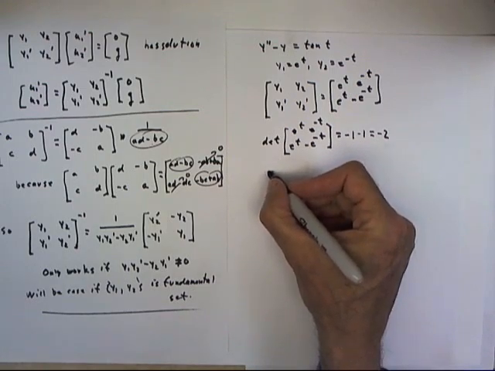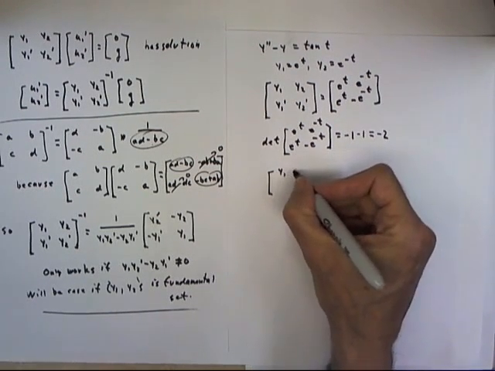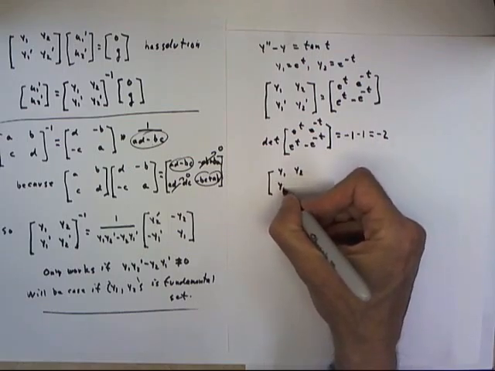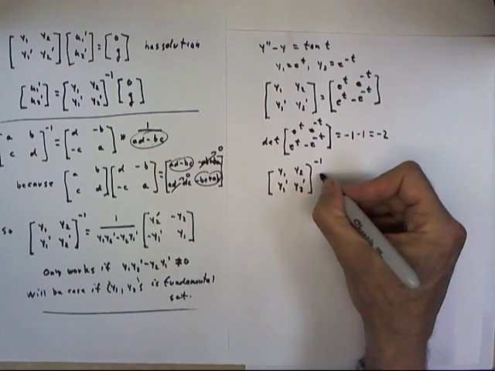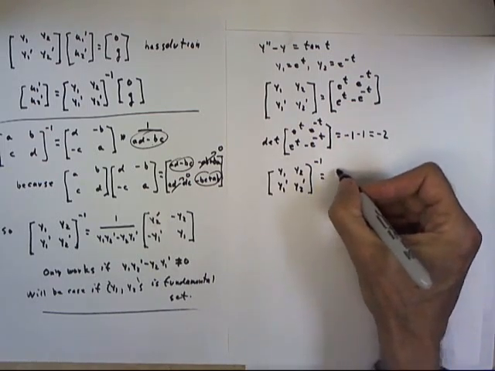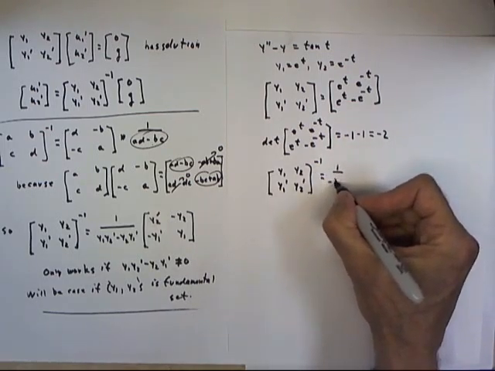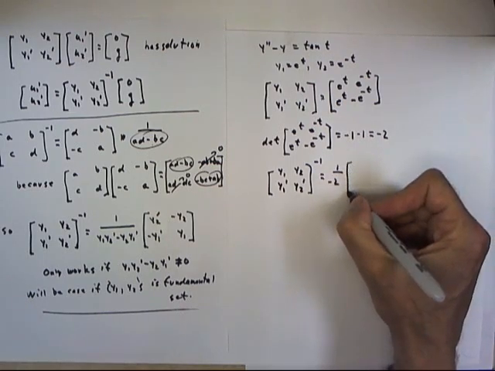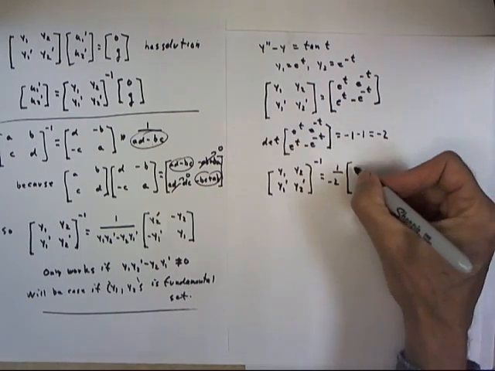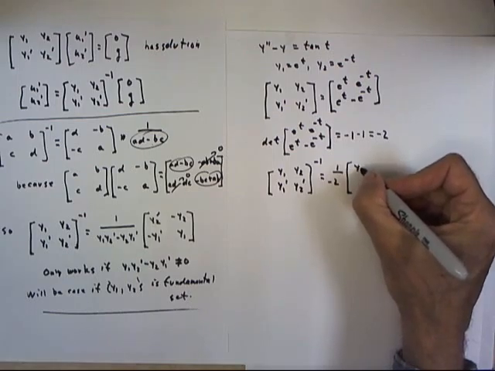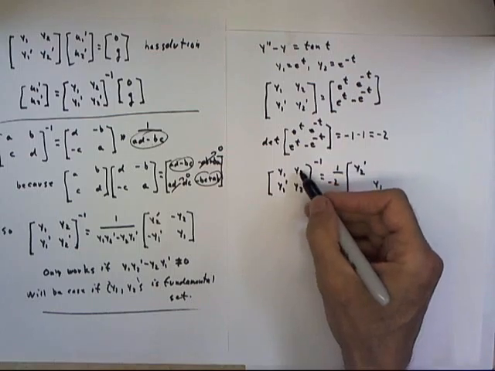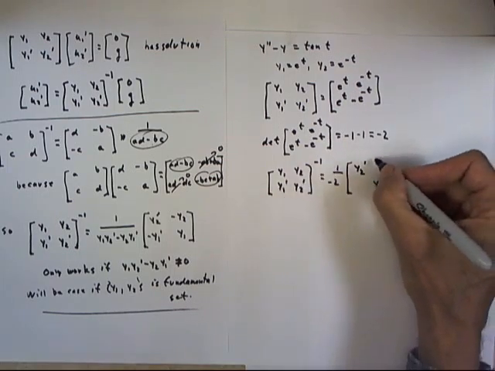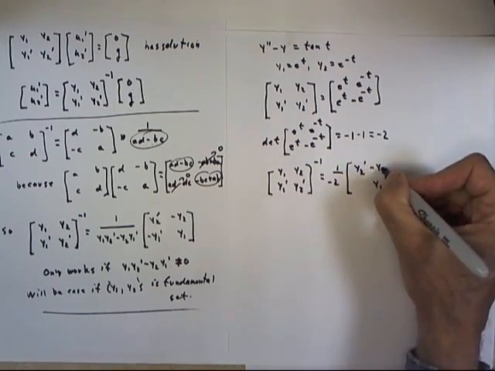The inverse of our matrix is then going to be 1 over our determinant times the matrix we get when we switch y1 with y2 prime, and then leave these where they are but make them both negative.